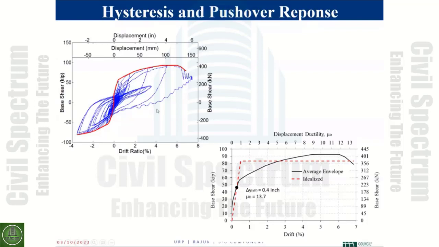Another important feature that you see here: in this run we had a fracture, but in the previous run, you notice the effect of recentering of the CFRP tendon, because you see a cluster of curves going through the origin or near the origin.